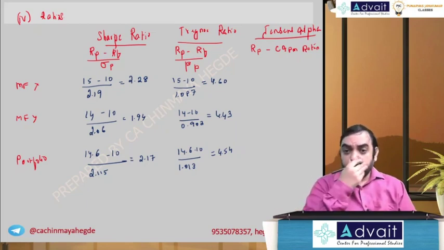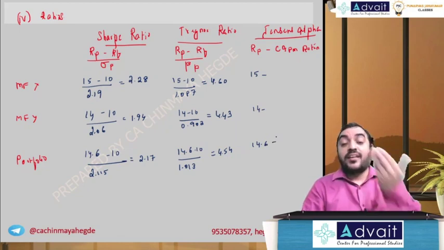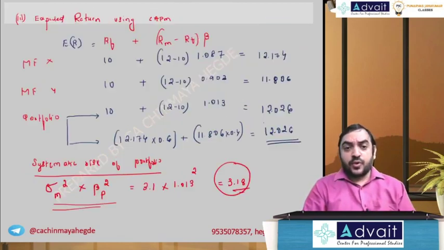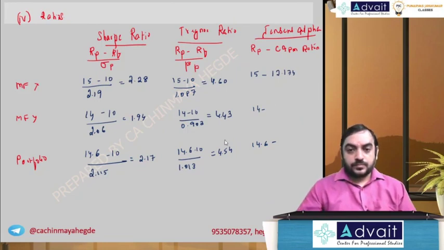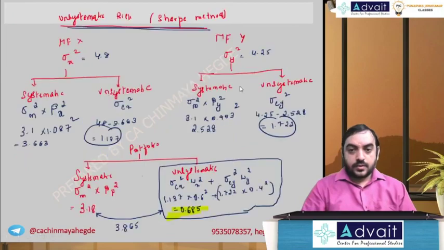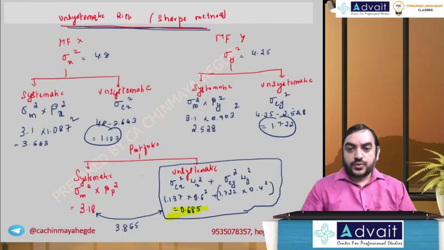Let's go to the CAPM return. That is, the return of the portfolio, what we got: 15, 14 and 14.6, and I have to subtract the expected return, the required rate of return using CAPM. The CAPM return we already calculated: 12.174, 11.806, and for the portfolio 12.026.